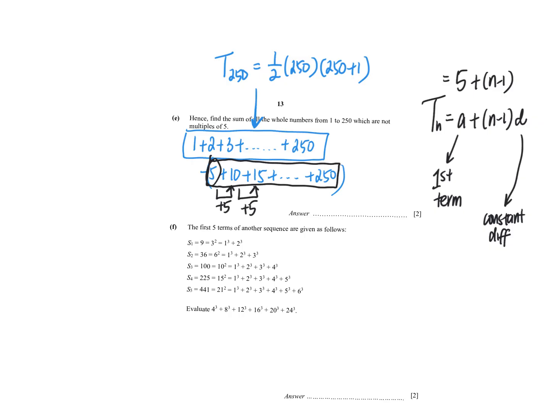So the formula for finding this is this formula here. But this one only helps me find the term, not the sum, right? Wait. What do you mean 250 in the end?